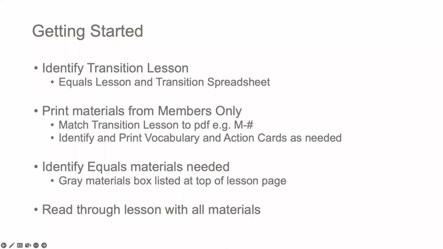Use the card spreadsheet we discussed to quickly identify those vocabulary and action cards that will be needed for the lesson. Use the materials box on the transition lessons to identify the materials that will be needed. As a reminder, there will be some overlap with equals materials. This was done purposefully as it allows students to generalize the skills they learned into a transition lens.